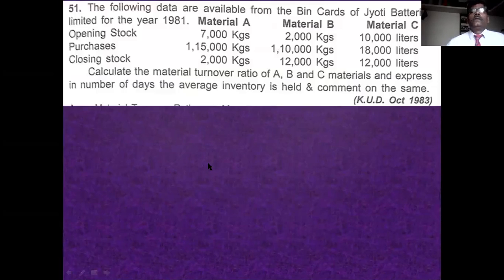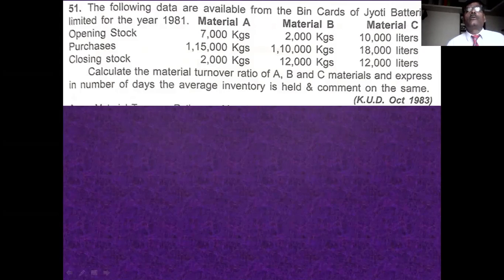And you see the third example. One more example regarding the material turnover ratio. Here there are 3 items: material A, material B, material C. The following data are available from the bin card of Jyoti Batteries Limited for the year 1981.